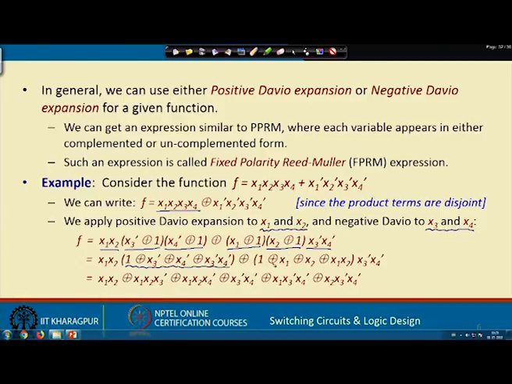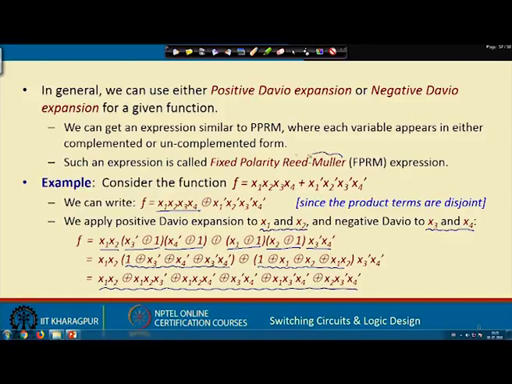If you multiply this and this, you get this. Now, straight away you multiply this with this, you finally get x1 x2 x3 bar, x1 x2 x4 bar, like this. You see, you get a Reed-Muller expansion where x1 is uncomplemented everywhere, x2 is uncomplemented, x3 is always complemented, x4 is always complemented.